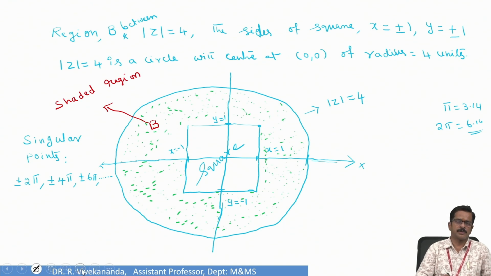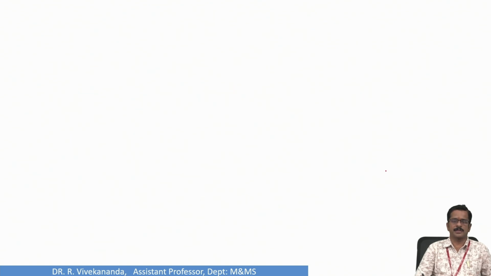Here the limits for the region is 1 to 4. Z equals to 1 to Z equals to 4. Here Z equals to 4, here Z equals to 1. And here Z equals to 0. Okay. But the singular points lie outside the region clearly, because the bounded region is from Z equals to 1 to 4, but the singular points are 6 point something, above 6. So, definitely the singular points lie outside the region.